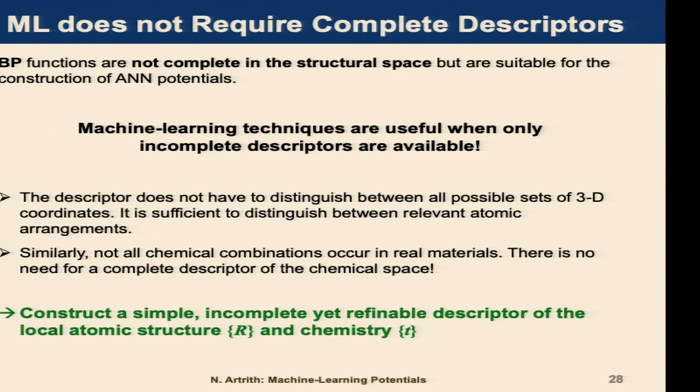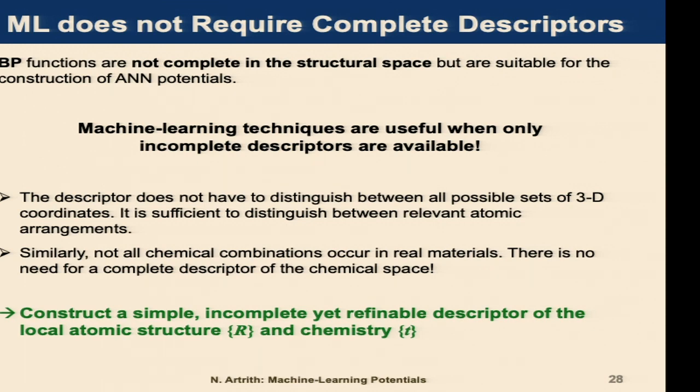And actually we found out that machine learning techniques are useful when we use an incomplete descriptor, as we just checked before. The descriptor just needs to show the distance between the structures and the coordinates, which is already good enough to show some important atomic arrangements on structures.